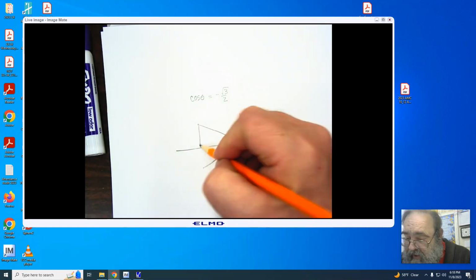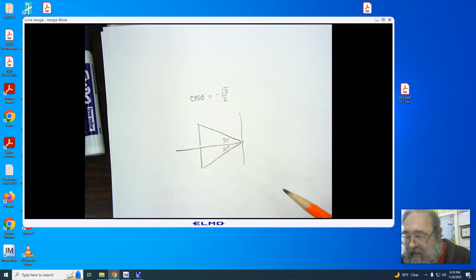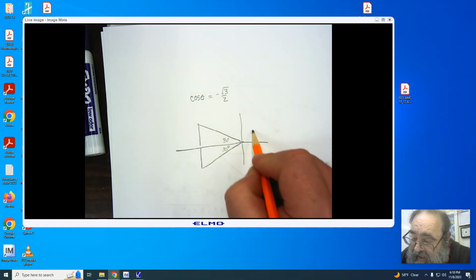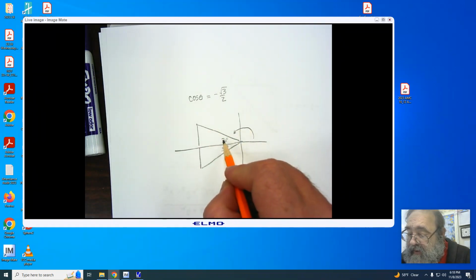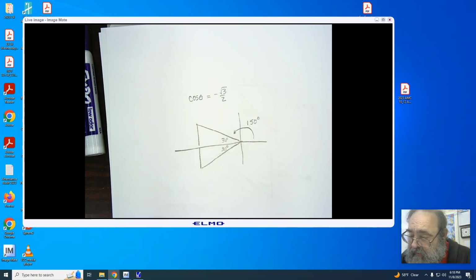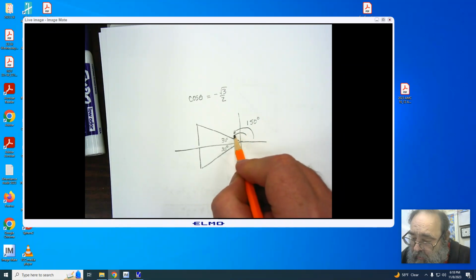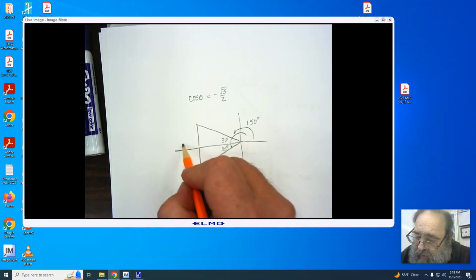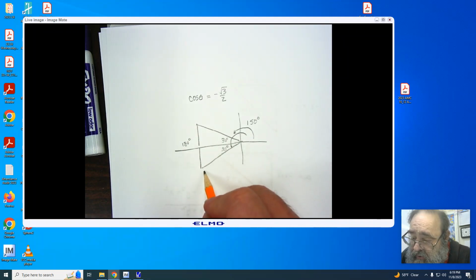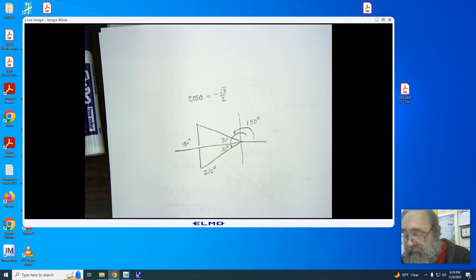So the question then becomes, well, what are the angles? Well, I need this angle here, and 30 degrees is the supplement, which means that this angle is 150 degrees. And then I have to go all the way through, and I'm now looking at 180 plus my angle, and therefore the second option is 210 degrees.